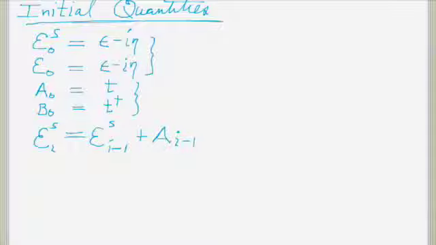So again, these are iteration numbers. E minus the script E i minus 1 inverse B i minus 1.